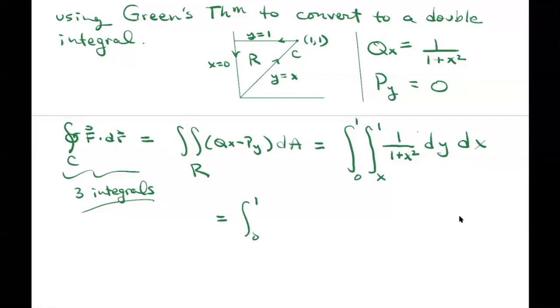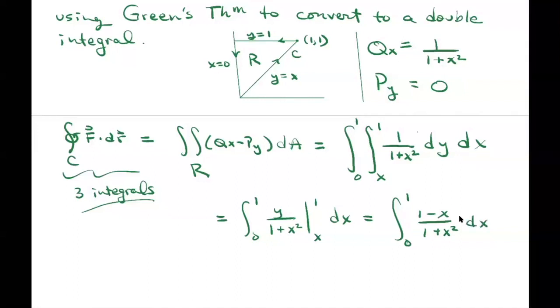So with respect to y, we're just going to have a y here over 1 plus x squared, and y will go from x to 1, and then we'll go dx. So we have an integral from 0 to 1, y will be 1, then it will be x. So we'll just have a 1 minus x, and this 1 plus x squared kind of goes for the ride.